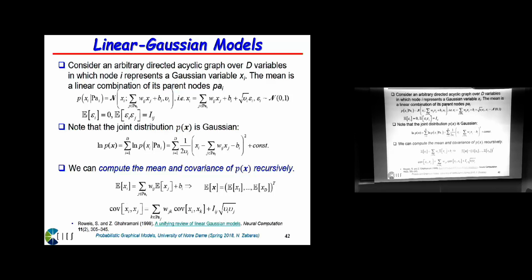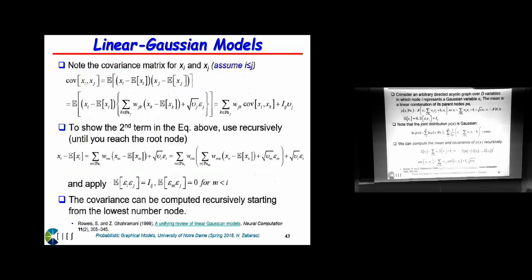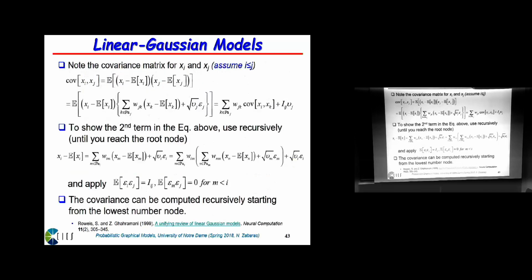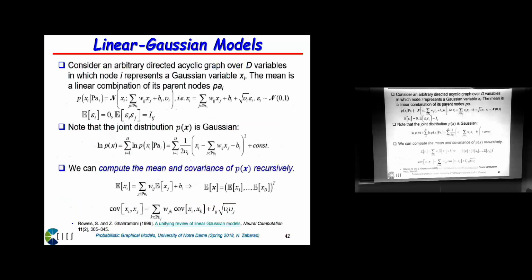These are variances, so I need to have vi vj. When I wrote this equation, I forgot to put this on the previous slide: this is for i less than or equal to j. So you may want to take a note. If you need something else, you can use symmetry and get a similar expression for i greater than j, but this is for i less than or equal to j.